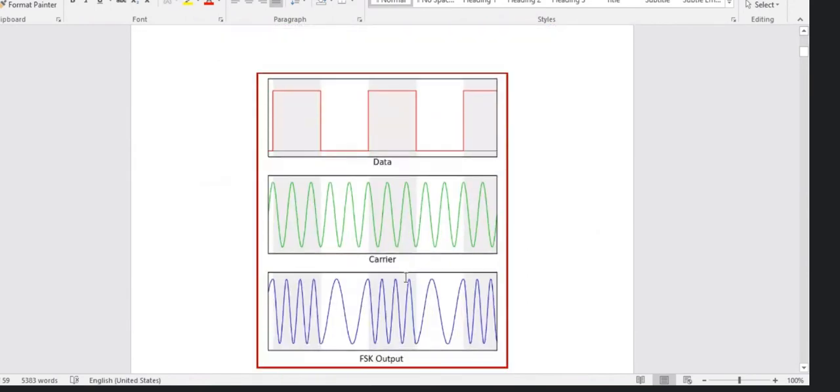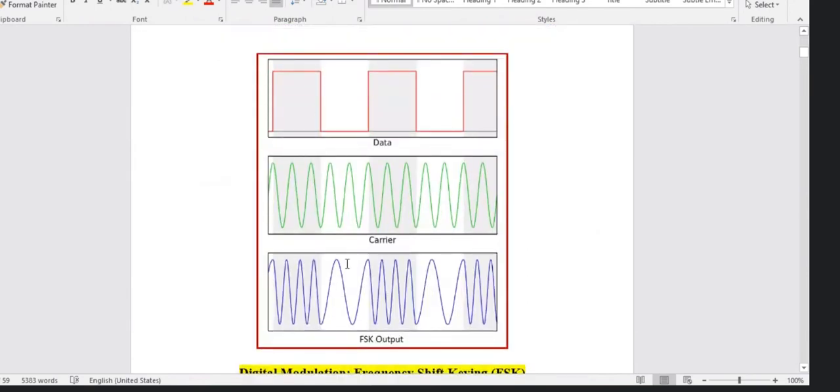Similarly, for frequency shift keying, this is the data and this is the carrier. Now here the frequency of the carrier is being modulated with the message signal, which is the data signal.